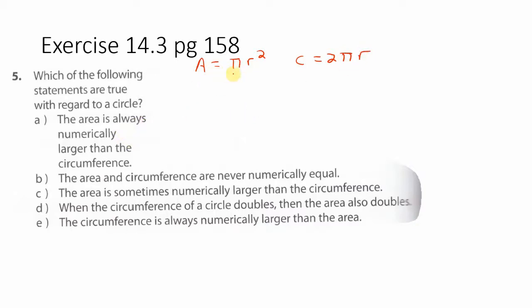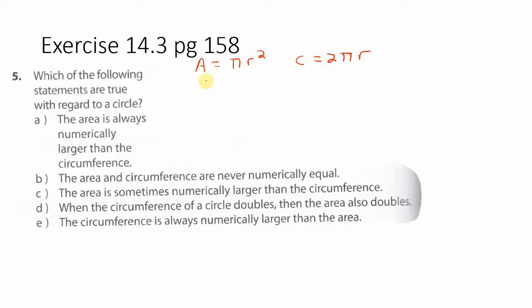Now, if the area of a circle is always larger than the circumference, it means the ratio of the area to the circumference has to be larger than 1. So we can take the area divided by the circumference, and if the area is bigger than the circumference, the answer should always be bigger than 1.